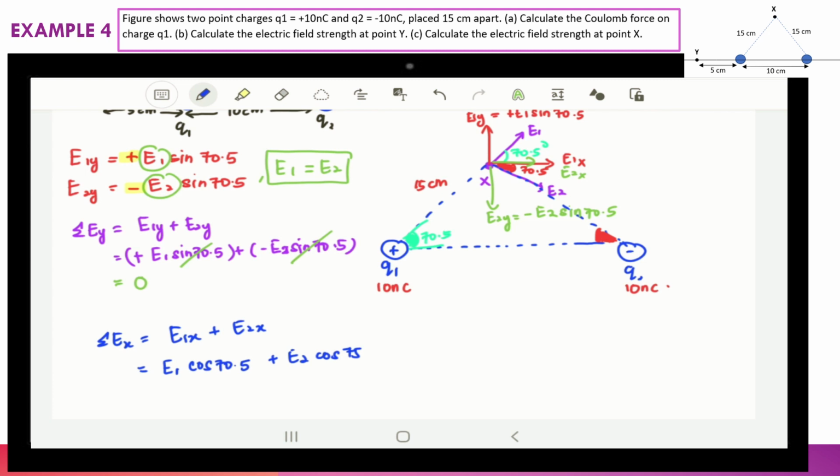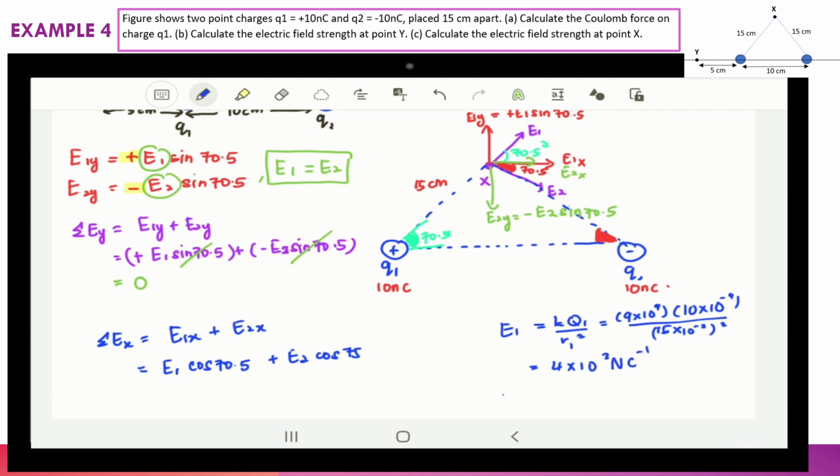If we try to calculate E1, to check whether E1 is equal to E2, E1 is equal to kQ1 over R1 squared. We substitute all the values: 10 nanocoulomb, and R1, the distance from X to Q1, is 15 cm. It is equal to 4 times 10 power of 3 Newton per Coulomb.